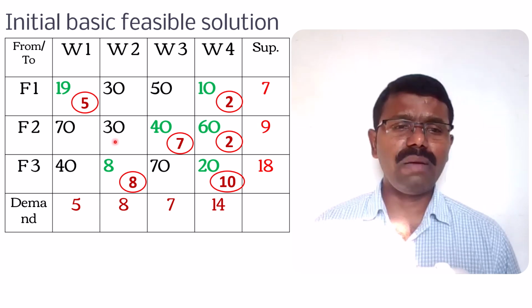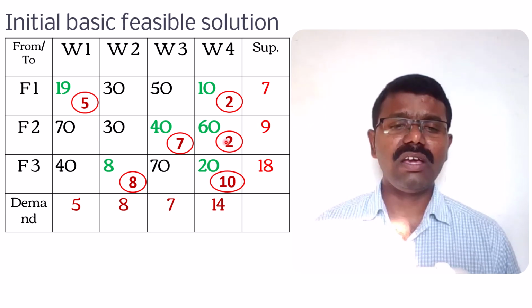Now if you see the next cell, here a maximum of 2 is there. If I allocate or move this 2 to this cell, then there won't be any balance here because again 2 will be allocated here, 7 will be there, and here if 2 is added it will become 11. So I need to subtract this 2 over here.